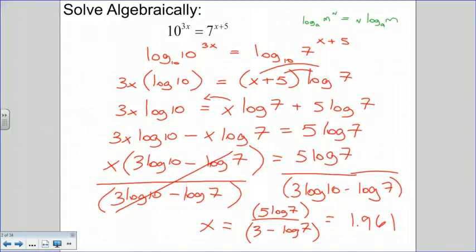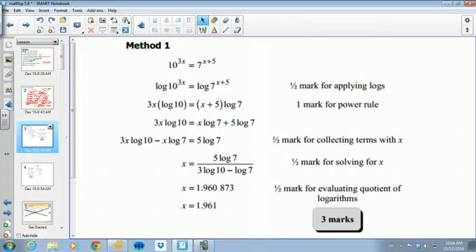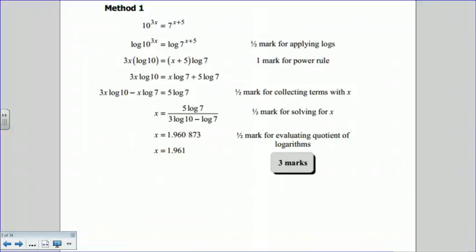Okay, so let's look at the marking key that the province gives teachers for that question. So you can mark your own. Remember, I'm not going to collect this. You get a half a mark for taking the log of both sides. Give yourself a half for that. You get 1 mark for using that power law that I talked about, moving the exponent to the front.